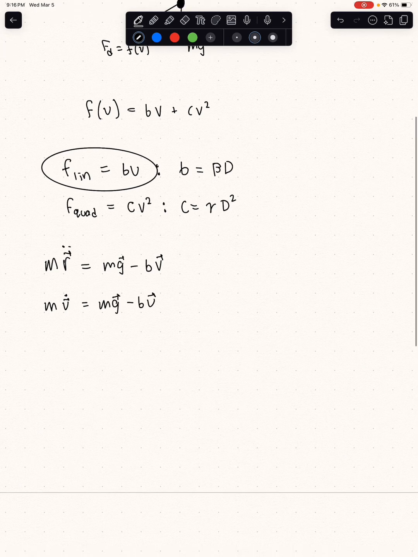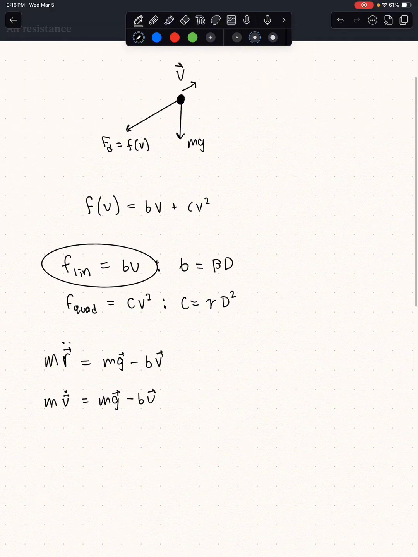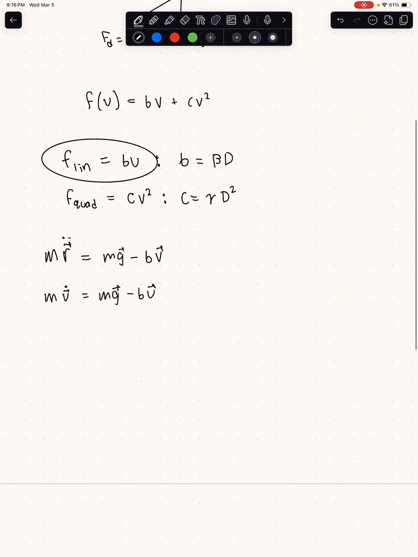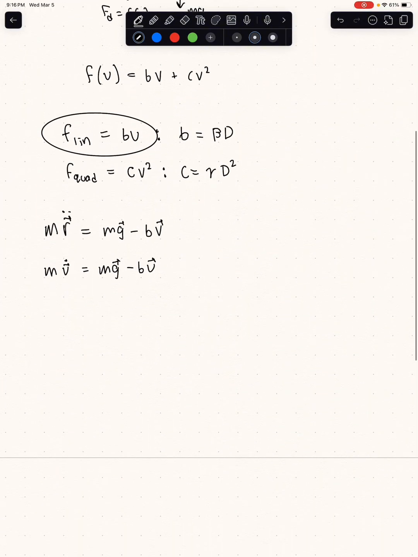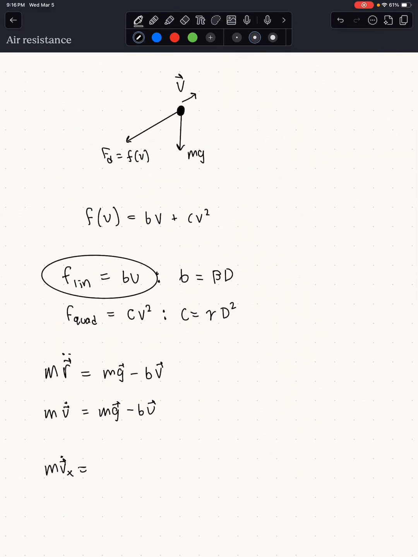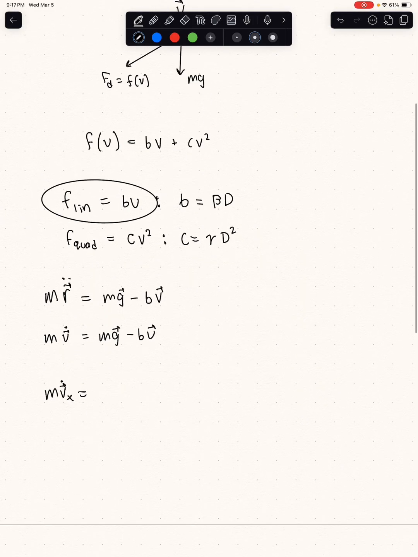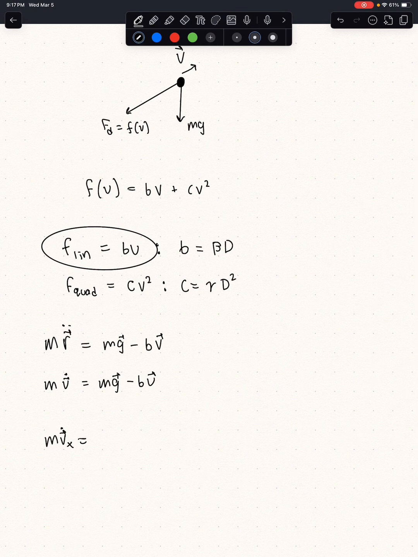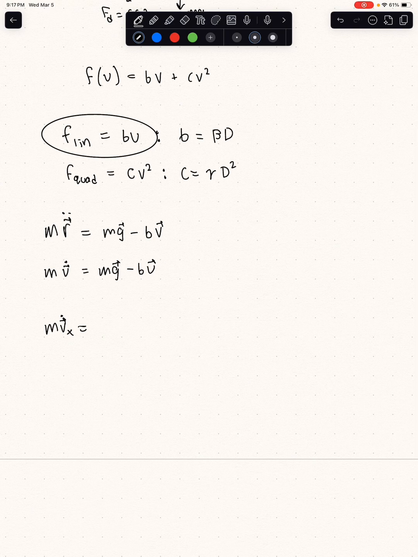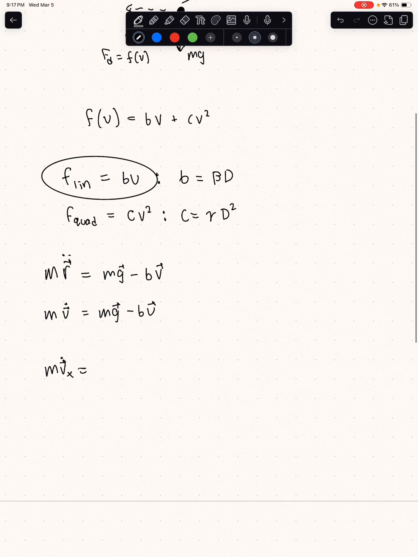And what we want to do from here, and I think what you should always do, is break this up into its component form. So this will give us m v dot x. That's going to be equal to the forces in the x direction, which is only going to be the linear air resistance in that x direction. It is going to be in the negative x direction because it is opposite to the motion.